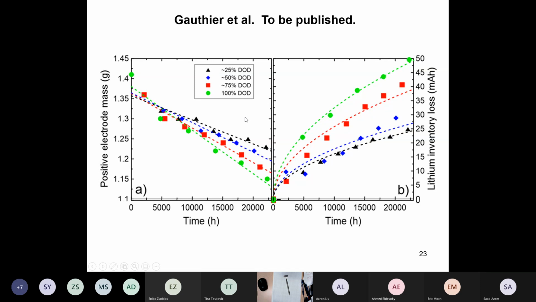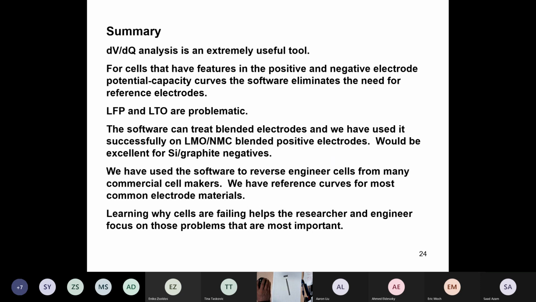So you can learn a lot about what's happening in cells with DVDQ analysis, and it's a very valuable and powerful technique. It's an extremely useful tool. For cells that have features in the positive and negative electrode potential capacity curves, the software eliminates the need for reference electrodes.